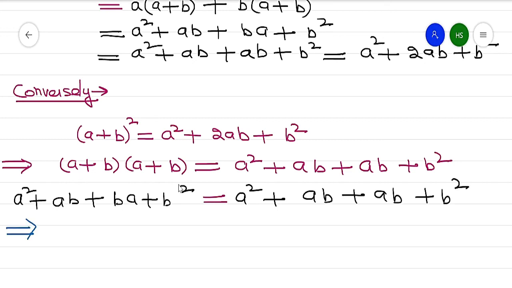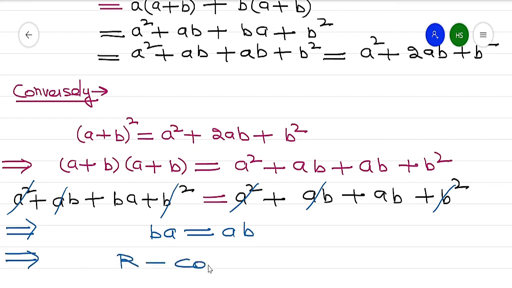So this cancels with this, again this cancels with this, again this cancels with this. So what we get is ba is equal to ab. It implies this R is commutative. So this is a commutative ring.